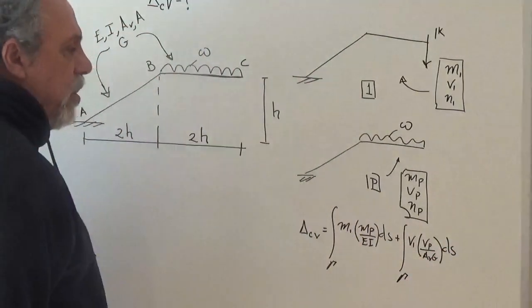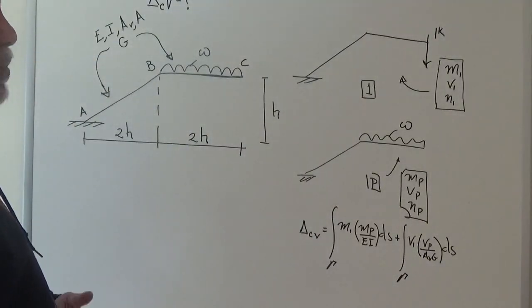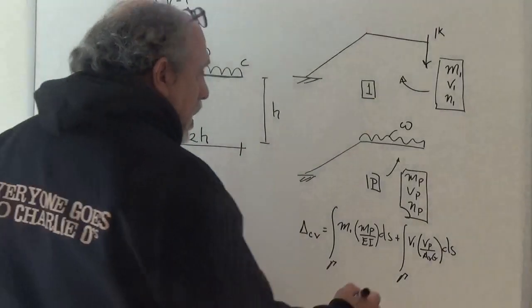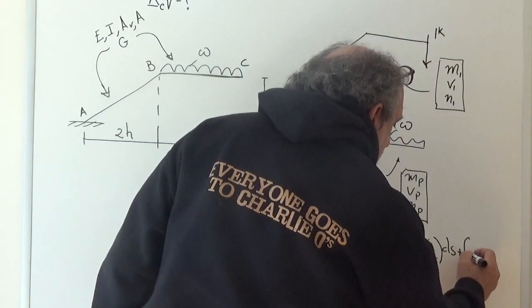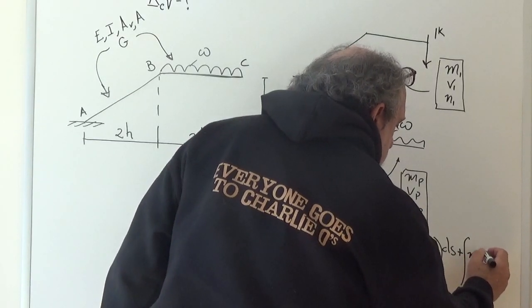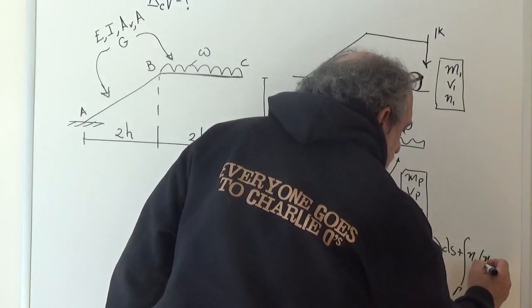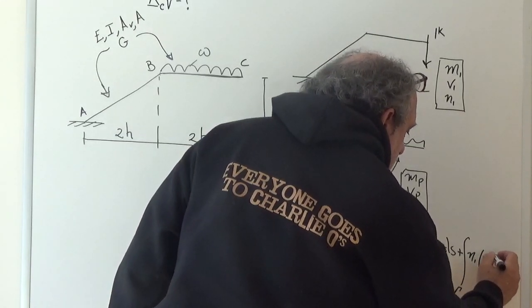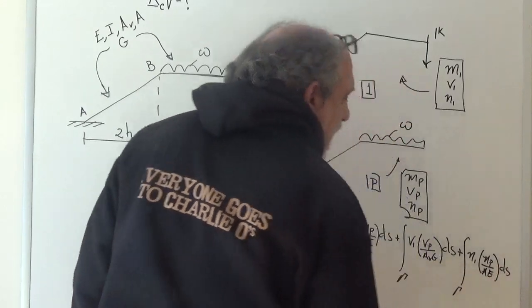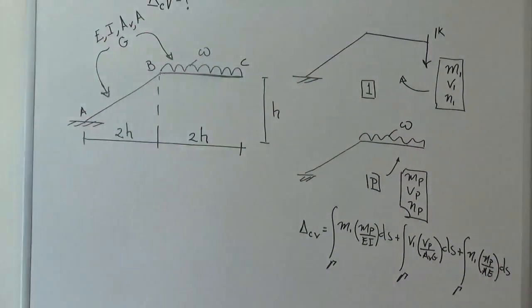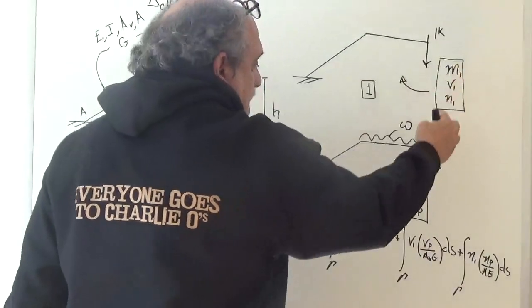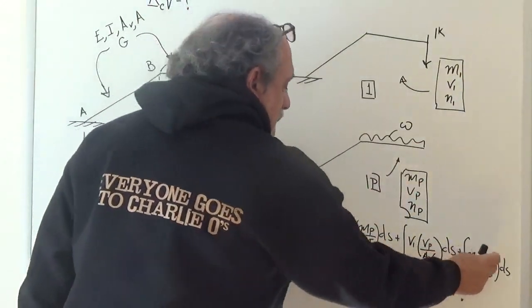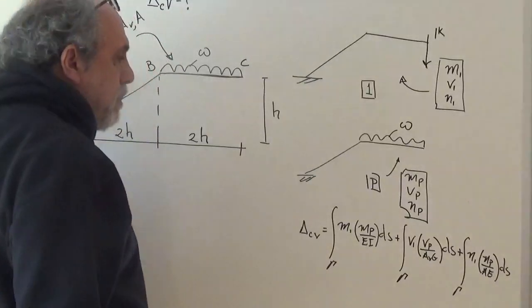That's the contribution of the shear to the deformation, plus the integral of N1 times NP over AE times ds, and that's the contribution of the axial, right? So what we need in essence are these sets to place them up here and perform the integration.